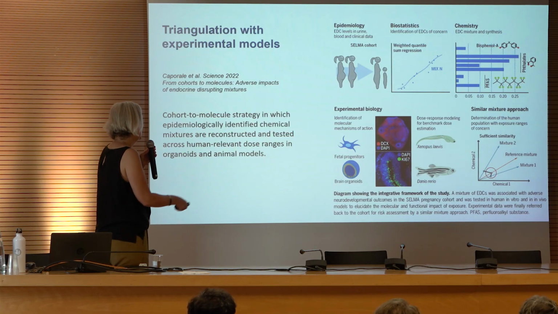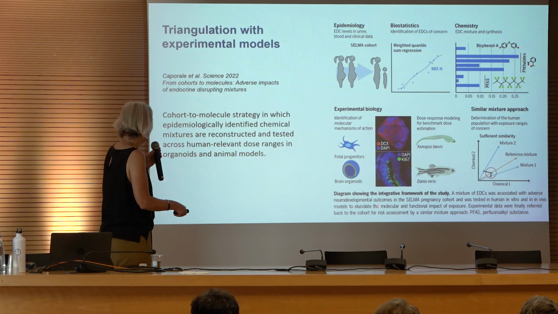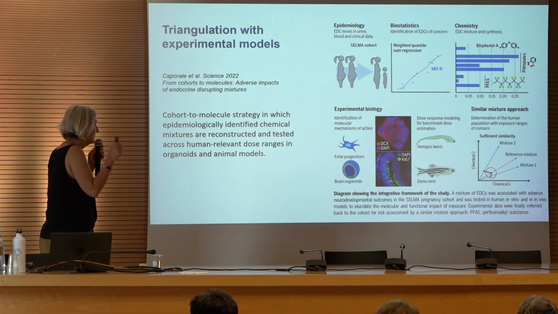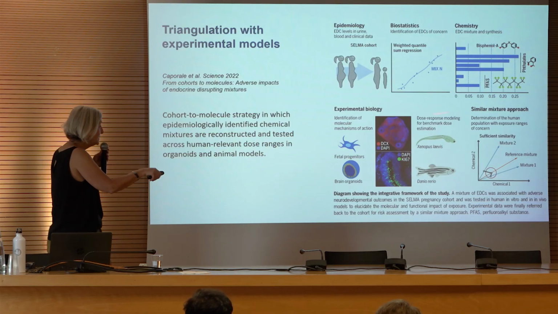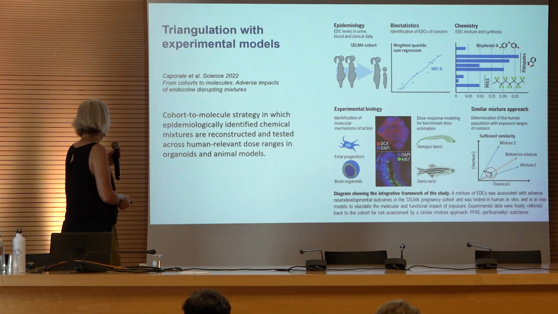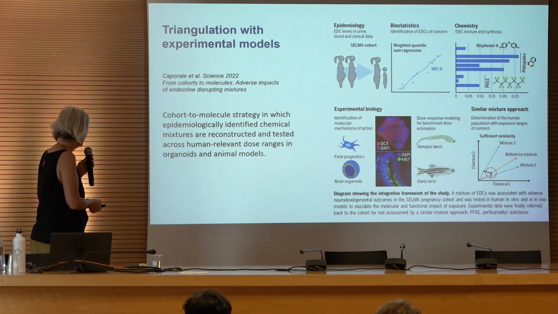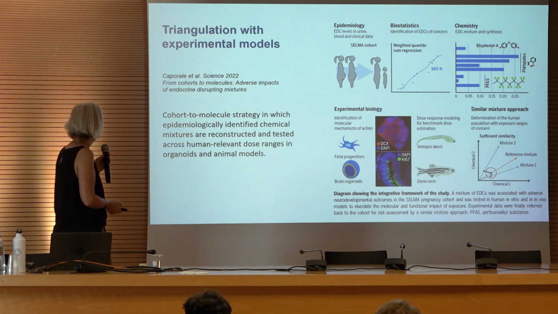So this is a way to go from the epidemiology to the experimental biology. Starting with exposome pollutant data and then using the mixtures that you get from this modeling in experimental models. That's another form of triangulation.